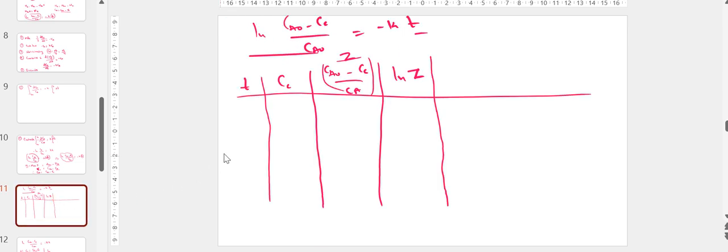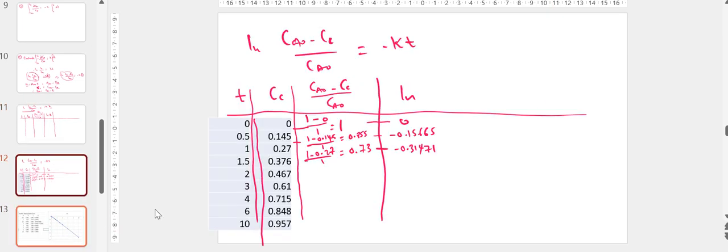To do that, we set up something like this. There will be a time column, then the concentration of ethylene glycol, which is already given, and then we can find Ca naught minus Cc over Ca naught, and then ln of that.